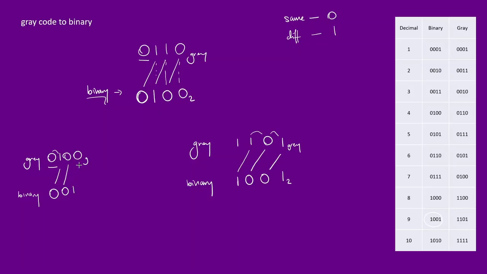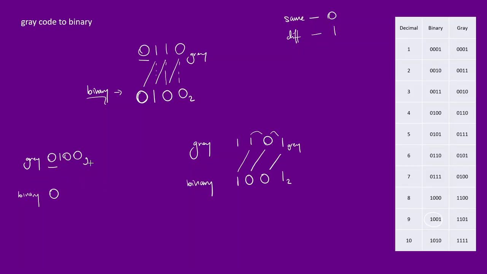And 0 XOR 1, those are different, so we get a 1. Is that correct? 0, 0, 1, 1 base 2 or 100. Maintain the MSB. 1 XOR 0. Okay, that's the error.